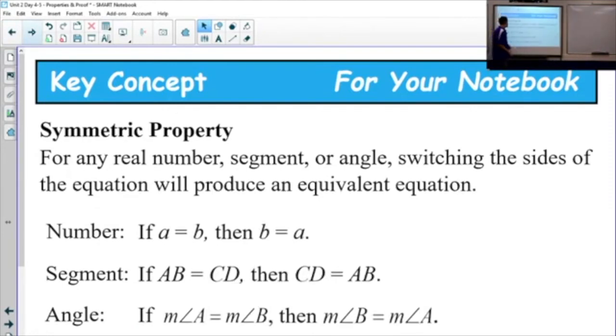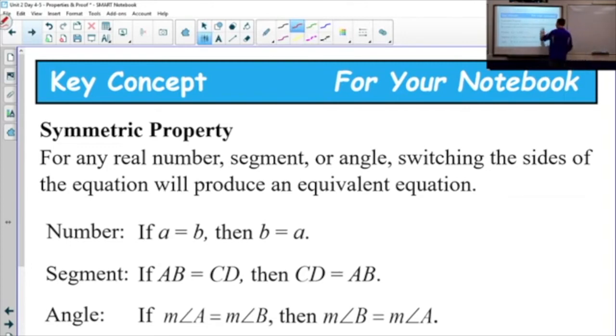And the symmetric property says that if we have some statement of equality or congruence, then we can take the order and switch them, and it still holds true. So for example, here's a way that you already use this.